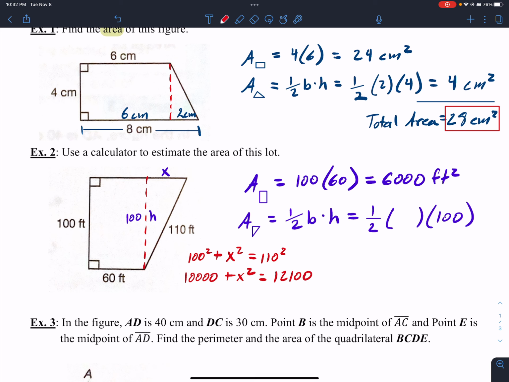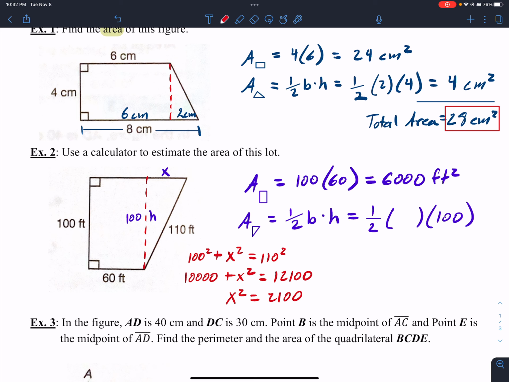If we subtract the 10,000, 12,100 minus 10,000 is 2,100. It's been a long day and I am super tired.